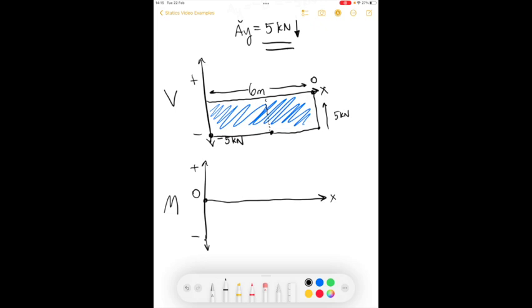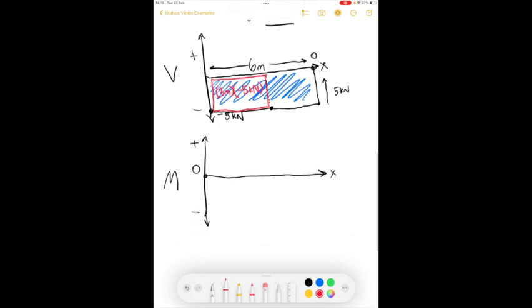The first thing we're going to do is ask, what is the area of this rectangle? This rectangle is 3 meters wide and has a negative 5 kilonewton height. So that means we need to go down 15 kilonewton meters. So we start at 0 and we draw a straight line down to negative 15 kilonewton meters.